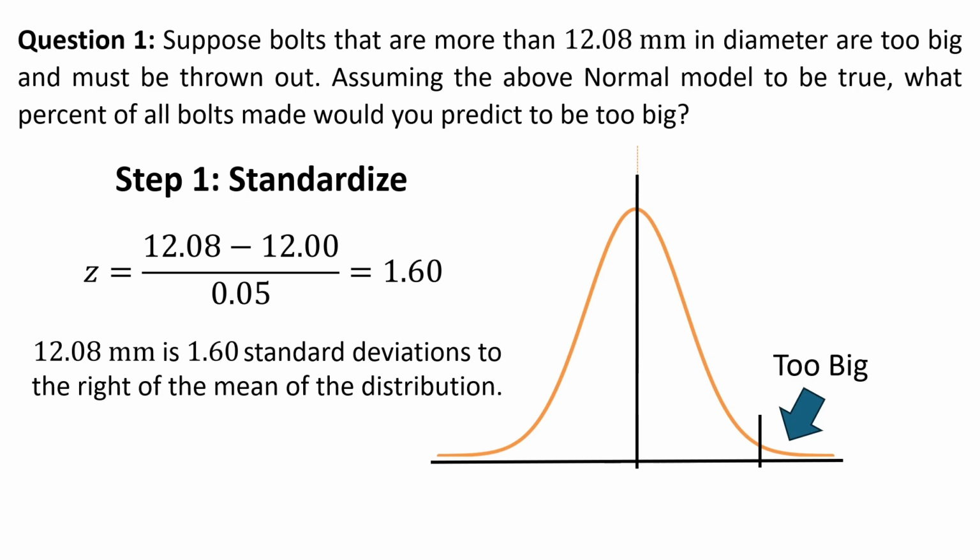So now that we've standardized, we're working not with the original normal model, but with a standard normal model, centered at 0 with a standard deviation of 1. So this now is the picture, and we want to know what the area is in the upper tail of this distribution.